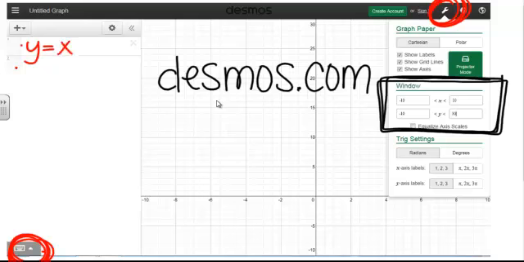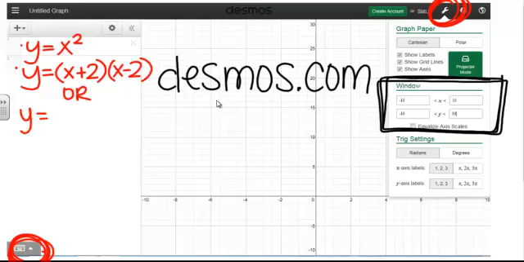First one was n squared, so we're going to type in x squared. You want to graph that. And then graph the next one. And remember, you could plug in x plus 2 times x minus 2, or you could plug in the x squared minus 4. These will give you the exact same graph.